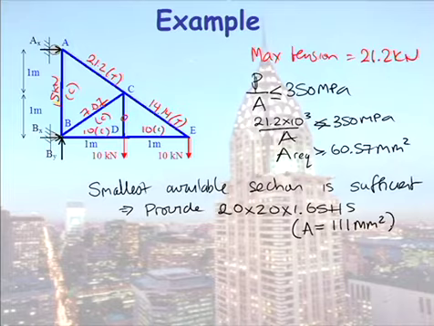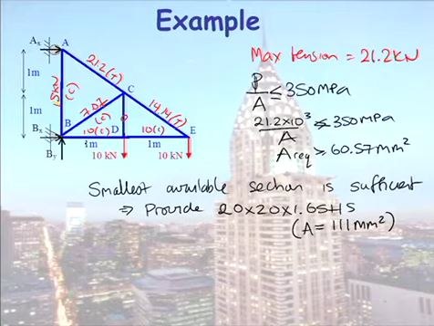So I can see straight away, okay, our section has an area of 111, we need 60, it's all good. So there is the design of your member in tension. That will do you for AC. It's a small structure, put it in for CE. You would have to check all your compression members as well.